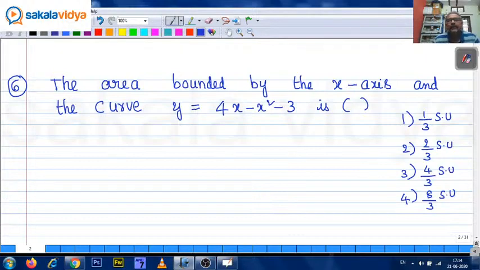The area bounded by the x-axis and the curve y equals ax square plus bx plus c is delta to the power of 3 by 2 upon 6a square. We have that formula, so we can apply the shortcut. Let me write the shortcut.